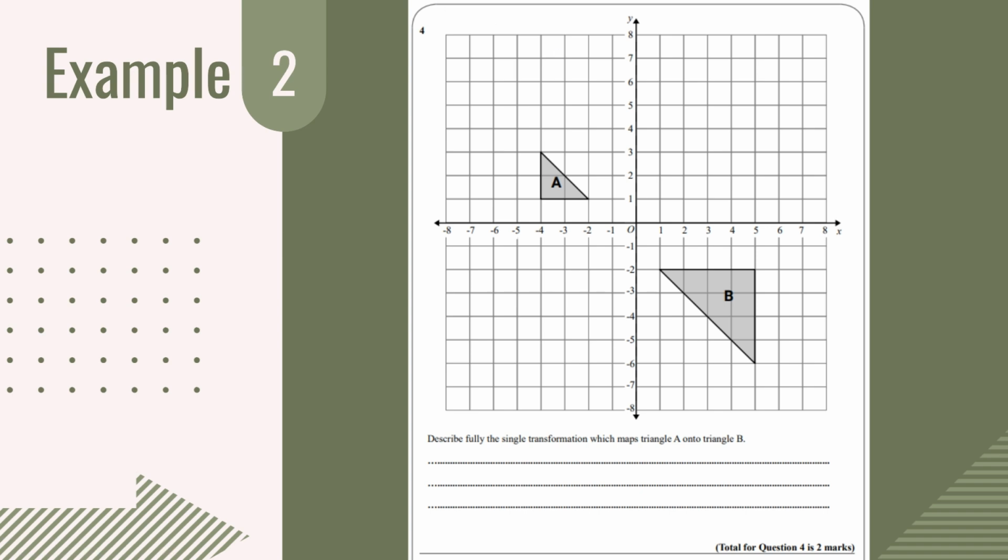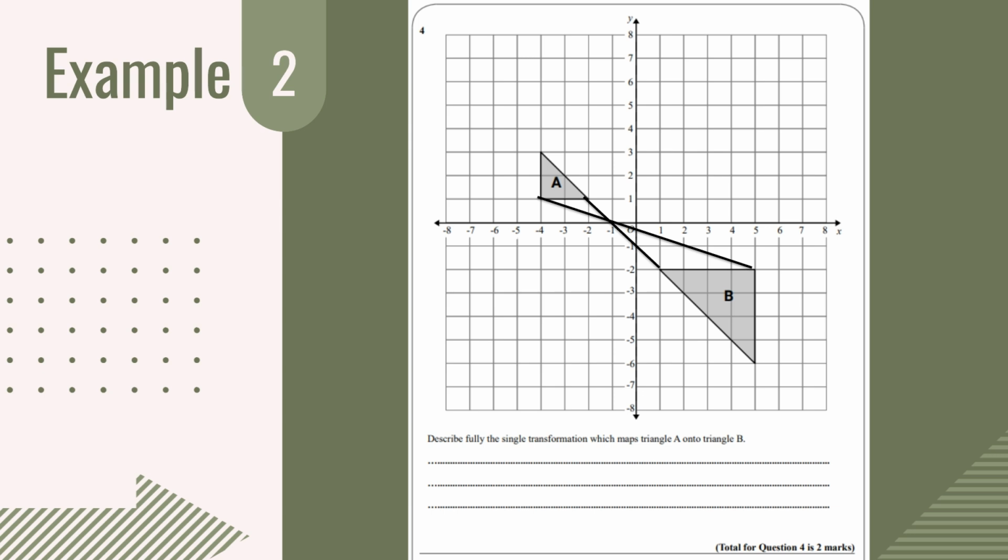So, we're asked to describe fully the single transformation that maps triangle A to triangle B. As we've already got the shapes given to us, we draw in our guidelines from there to there. And we won't draw our final guideline because it is the same line as our second guideline. But as we can see, it goes through the point (-1, 0). It's not a rotation because it gets bigger.